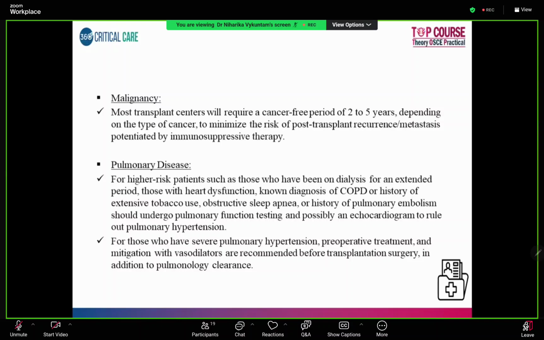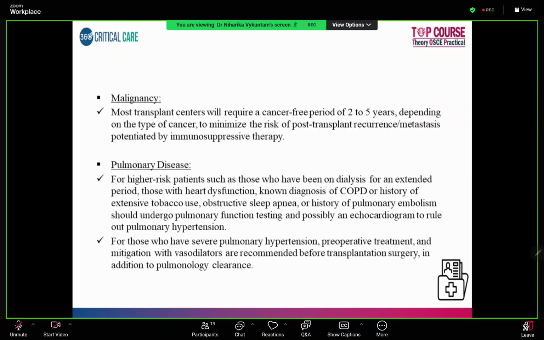So which patient should undergo pulmonary function tests preoperatively? First, if the patient is on dialysis for an extended period of time, those patients have to undergo pulmonary function tests. Second, if the patient has any heart dysfunction or a known case of COPD, or a history of extensive tobacco use, obstructive sleep apnea, or a history of pulmonary embolism.